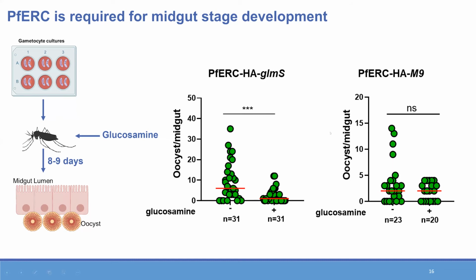This difference was not observed in the ERK M9 lines, which suggests that ERK is required for establishing an infection in the mosquito midgut. This is the first time, to our knowledge, that this system has been used in the midgut stages of P. falciparum, and we have used it to identify an essential gene required for a midgut infection.